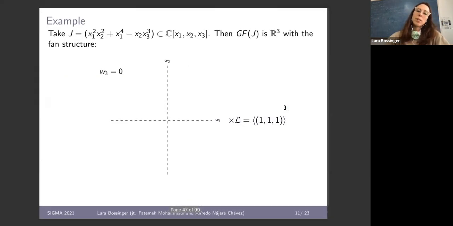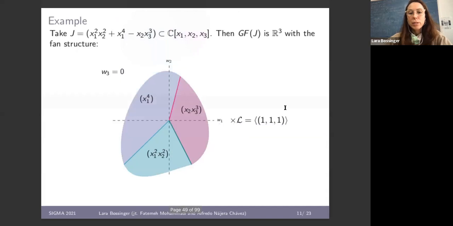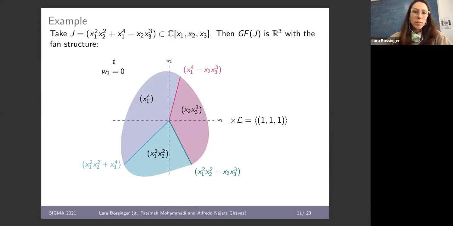Okay, so just an example for people that might have not seen this before. If this is my ideal J, a homogeneous ideal in 3 variables, the Gröbner fan will be all of R^3. I have a linear subspace here, which will always be the case for homogeneous ideals. It consists of all the weights that leave my ideal invariant. It's called the linearity space. So it's generated by the degrees that make my ideal homogeneous.